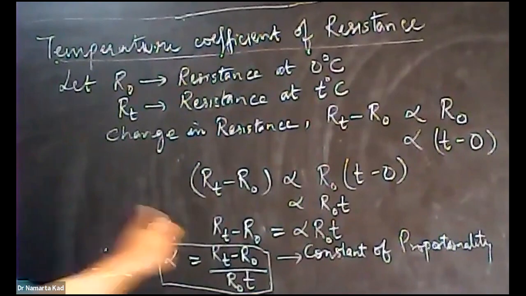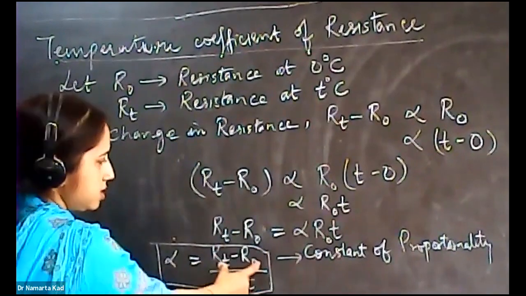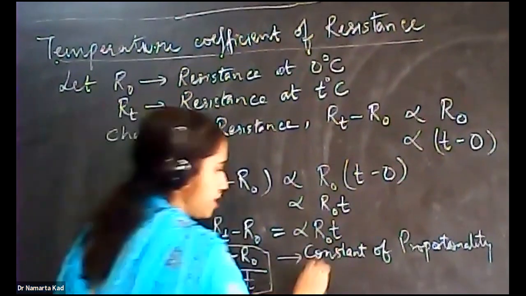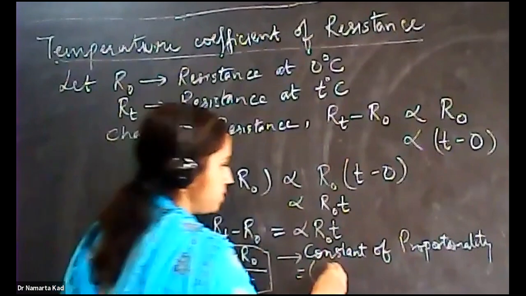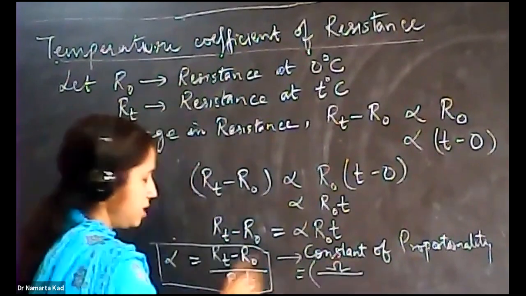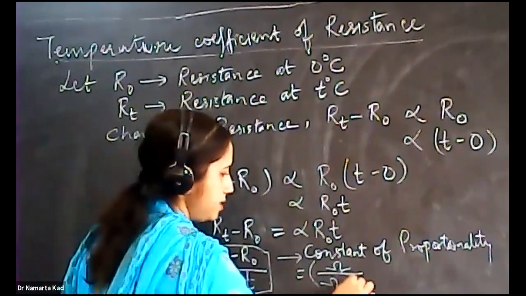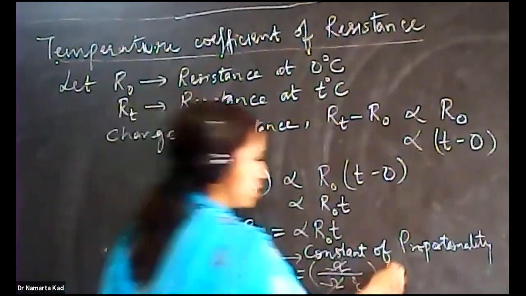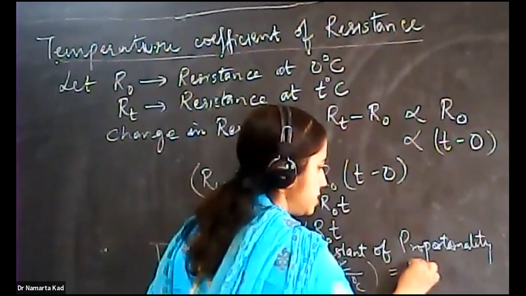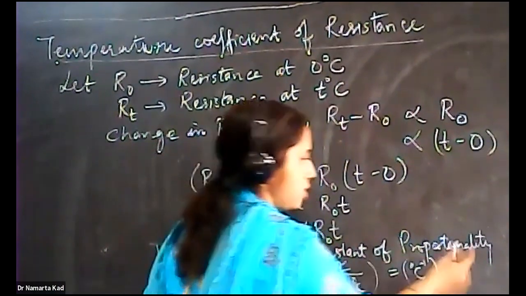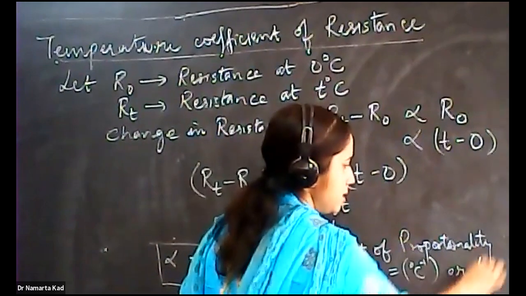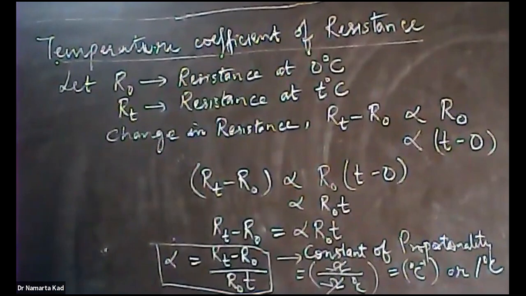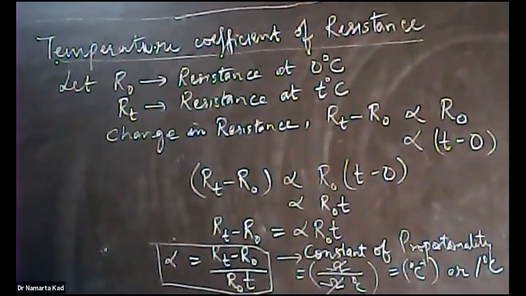And the unit for alpha comes out to be, the unit for numerator is ohms, the unit for denominator, क्या इसके units क्या आ जाएंगे? It comes out to be ohms divided by ohms and degree C. Okay, ohms cancel out हो जाएगा. So combining, its unit can be written as degree C inverse, or you can also write as per degree C. Okay, so these are the units for temperature coefficient of resistance.